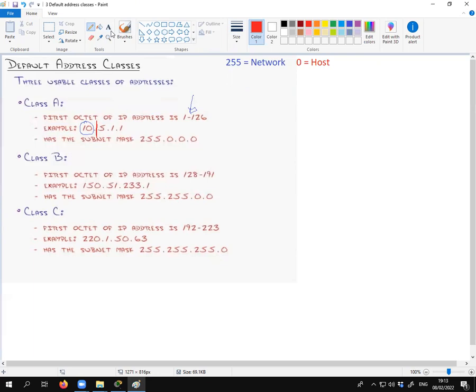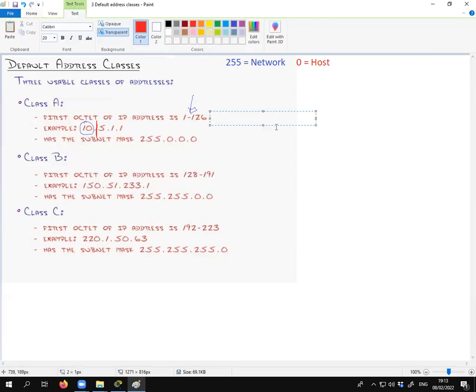So this PC lives in the 10 network. I'm going to try and keep the blue part of the address as the network part, the red part as the host. So this PC 10.5.1.1 lives in the 10.0.0.0 network.